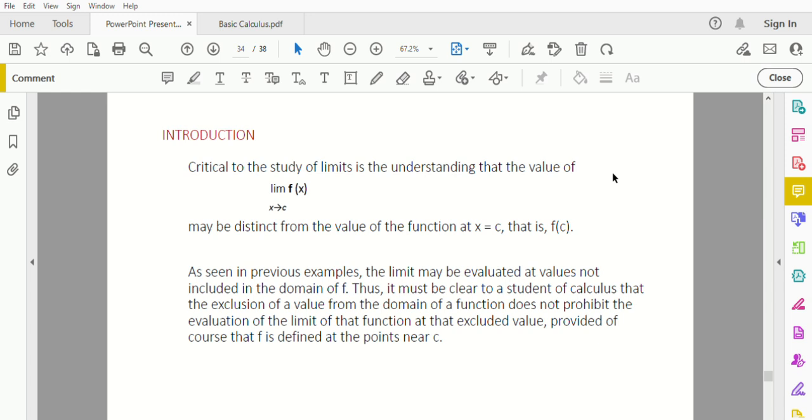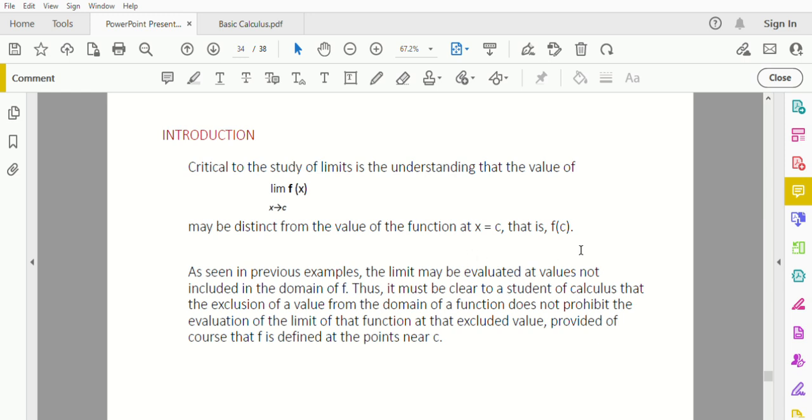As seen in the previous examples, the limit may be evaluated at values not included in the domain of f. We have an example there, over x minus 1, I think example 3, that we can still find the limit even though 1 is not part of the domain.